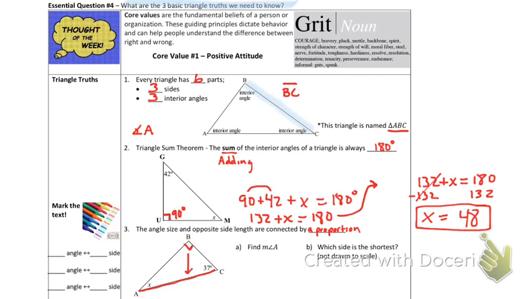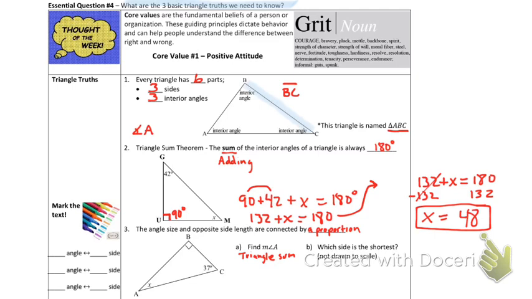That's what we're talking about here in this third triangle truth. Based on this, I want you to try to answer questions A and B. If you want to pause the video, you can. I'm going to do the work for you, but please attempt to answer it.